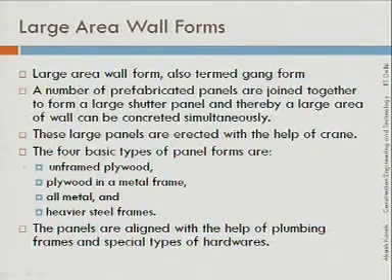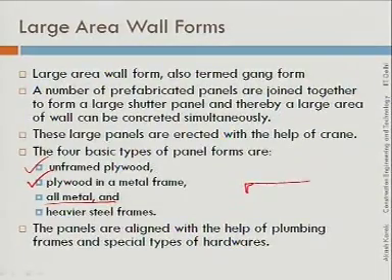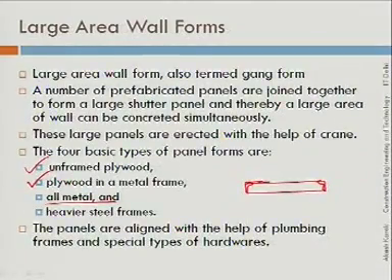So, we have seen this unframed plywood in a metal frame, and now I have to tell you all metal will have something like this. You have this member here, this is a frame, and then on this frame you will be using another metal sheet.